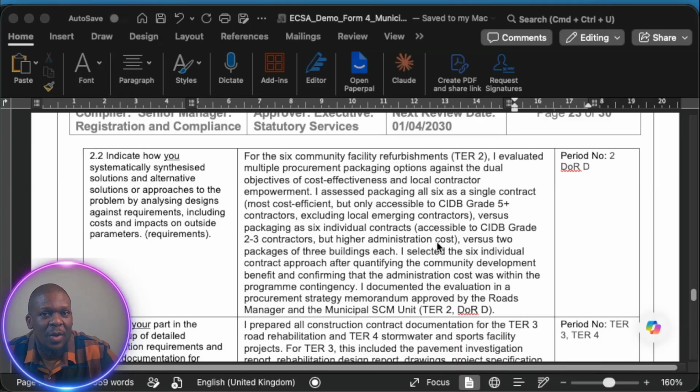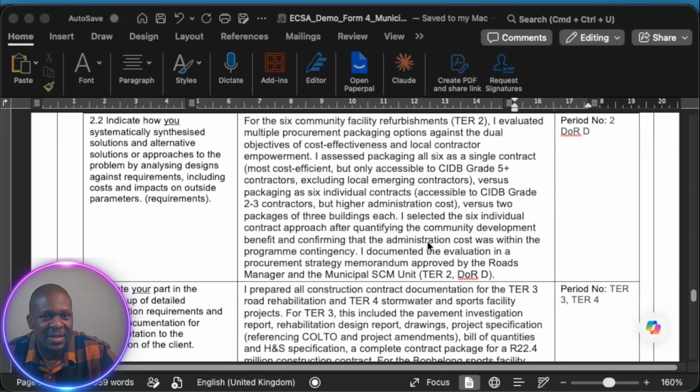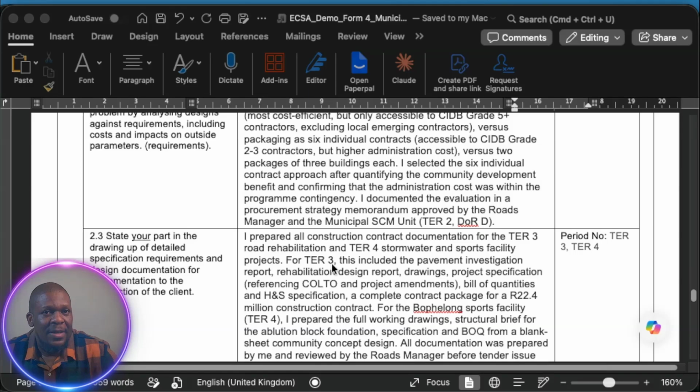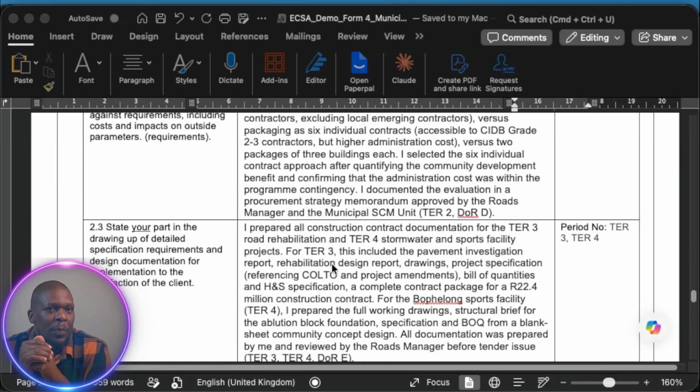I'm not going to read all this because it will take us time. Then, in terms of 2.3, it states your part in drawing up a detailed specification requirement and design documentation for the implementation of that solution.